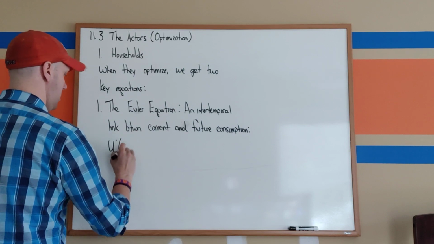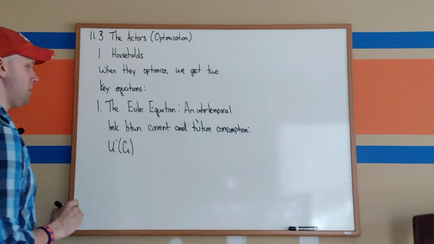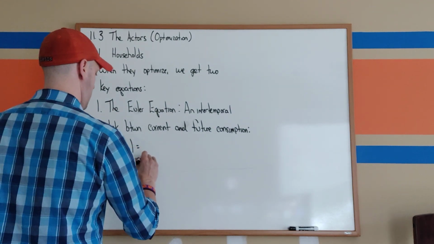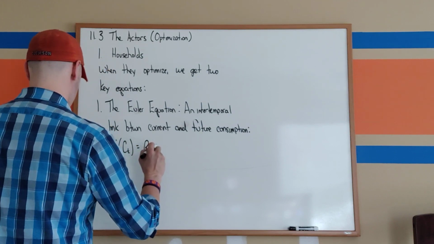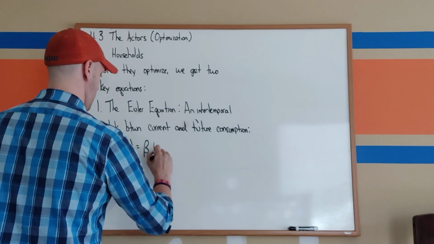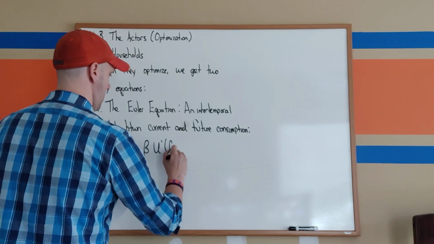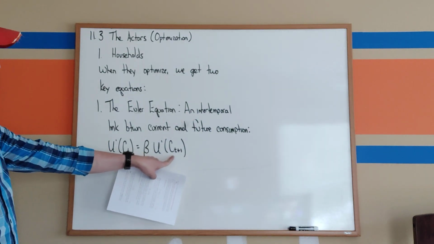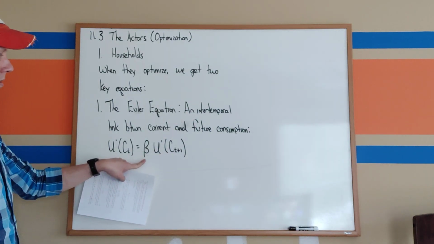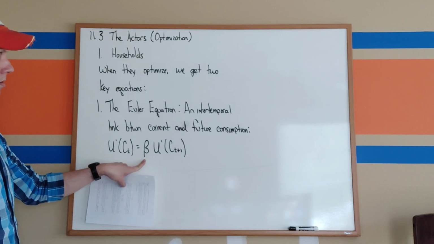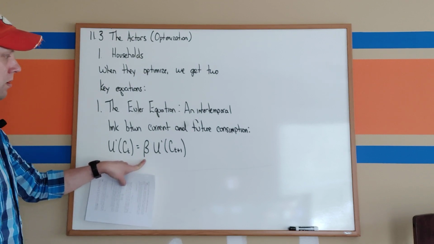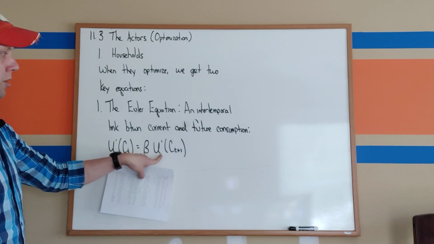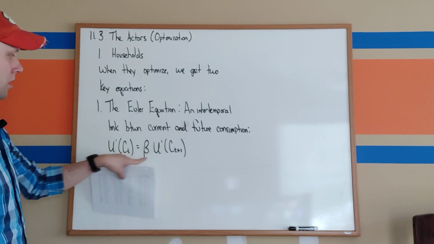And the Euler equation relates that through the marginal utility of current consumption, or U prime of C_t, with the marginal utility of future consumption multiplied by beta. Remember, beta was our discount factor. So what beta is doing here is discounting the marginal utility of tomorrow's consumption to be equal to today's consumption.